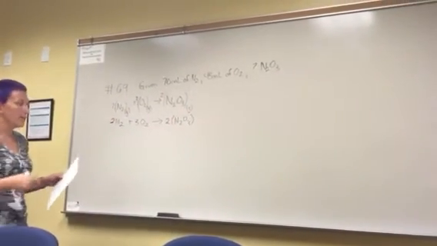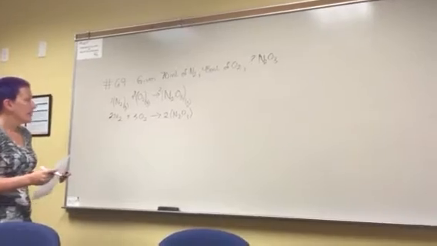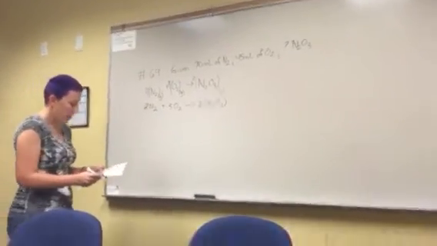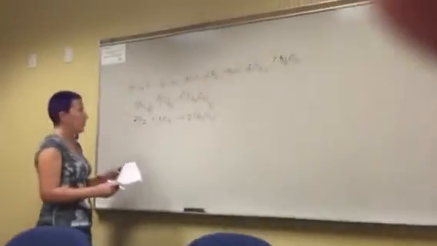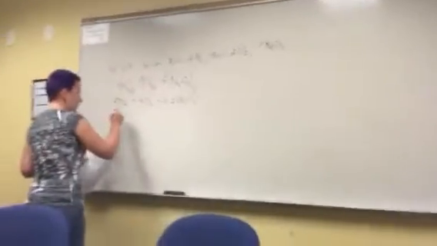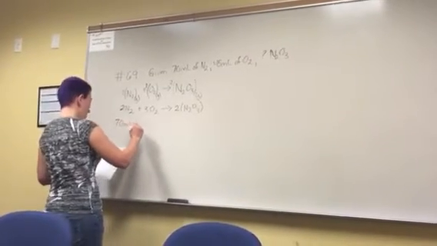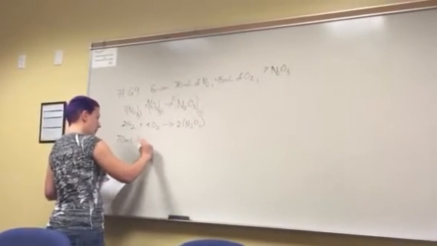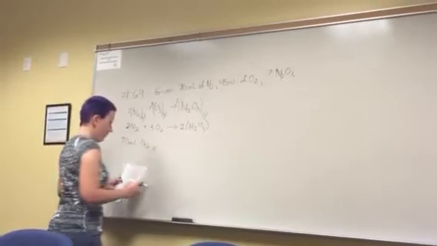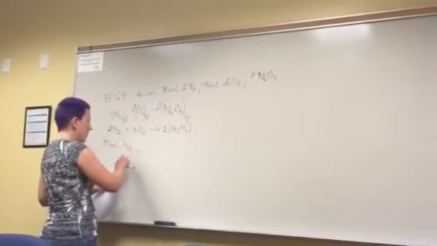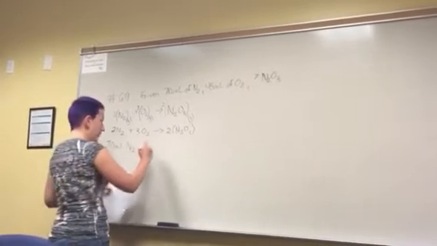Now I can start solving my problem. My first step is to find out how much N2O3 I produce from the nitrogen. They tell me in the problem that I have 70 milliliters of nitrogen, and I'm going to multiply that by the ratio.